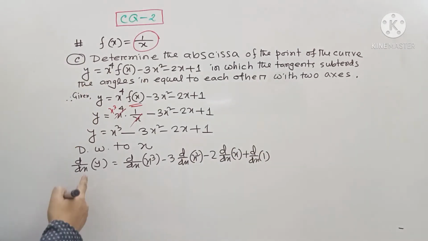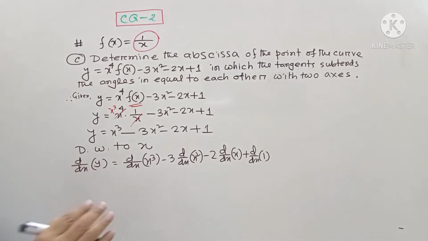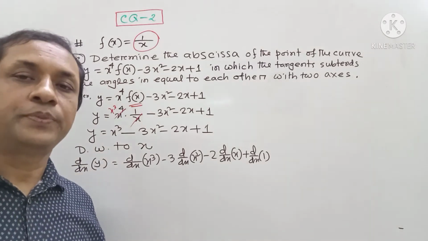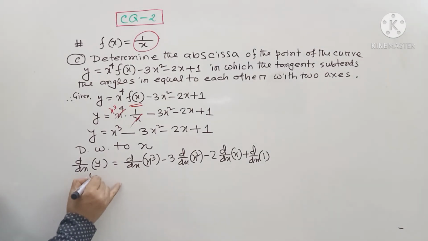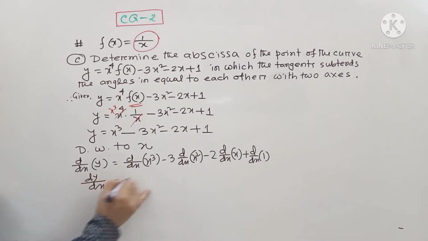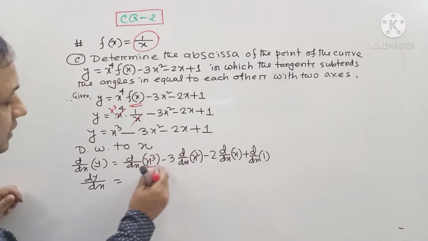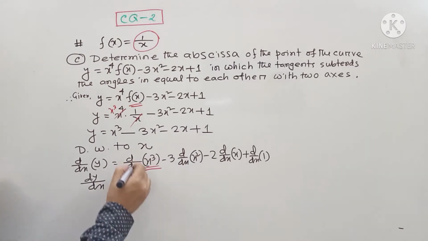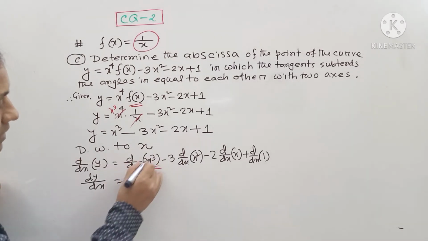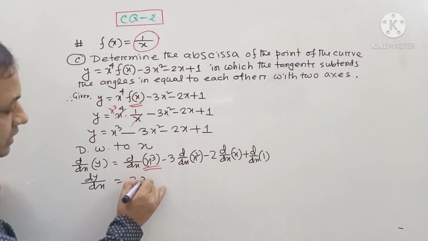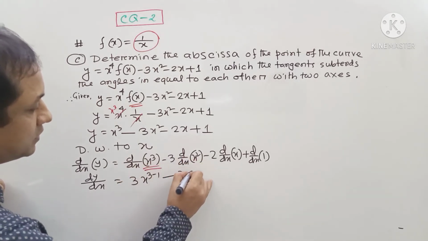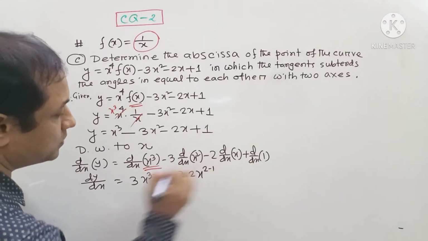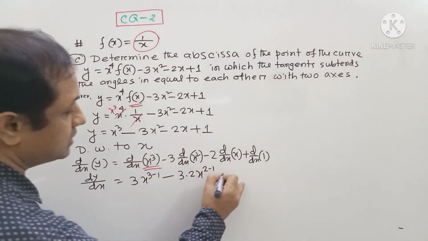So student, we know that ddx of y equals dy dx. So we can write dy dx equals, using the differentiating formula, ddx of x cube equals 3x to the power 3 minus 1, then 3 into 2x to the power 2 minus 1, and minus 2.